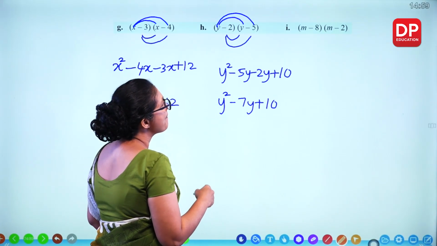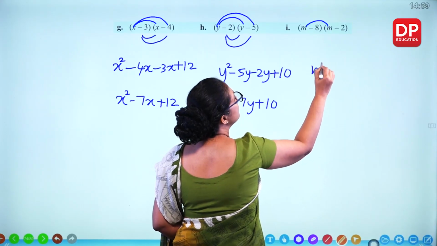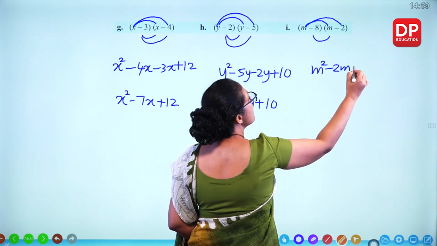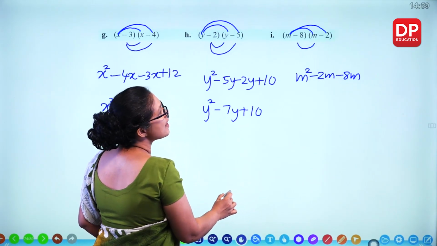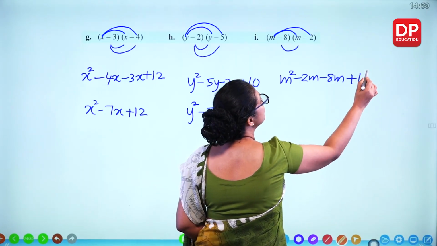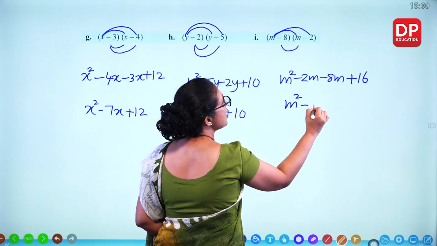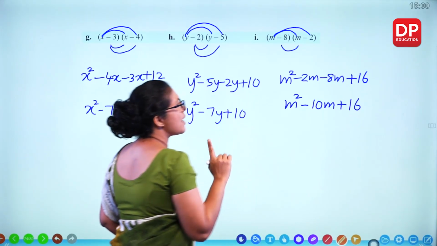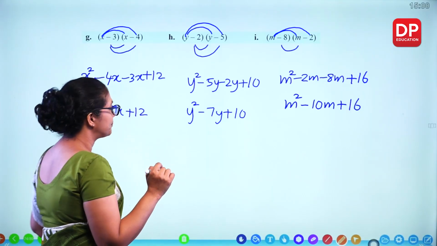This one, m squared minus 2m minus 8m, and what's the last one? Plus 16. Now simplify, you get m squared minus 10m plus 16. Minus 2 and minus 8, you get minus 10.